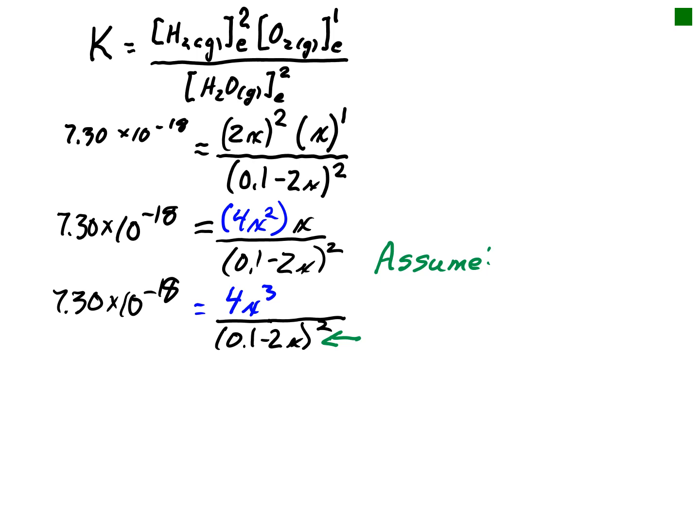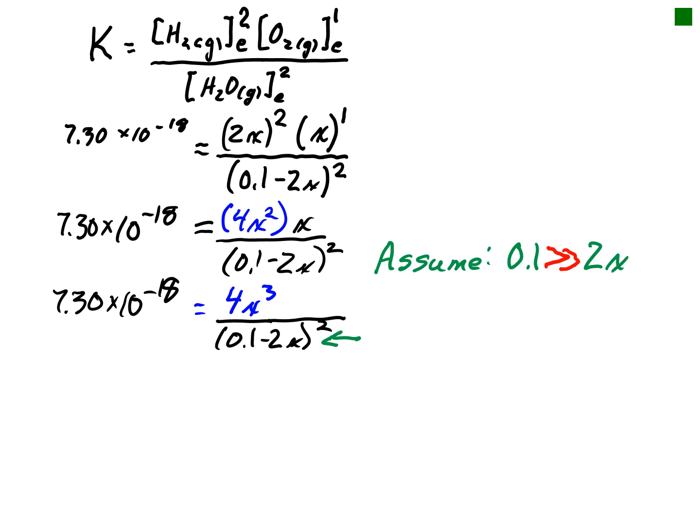So I'm going to look inside that bracket and copy down the 0.1, leave a little gap, and then the 2x. And I'm going to make an assumption that the value of 0.1 is much greater, that's why there's two sets of wedges there, than 2x. Why can I make that? Well, because the value K is really small, and so I'm not going to get many products.